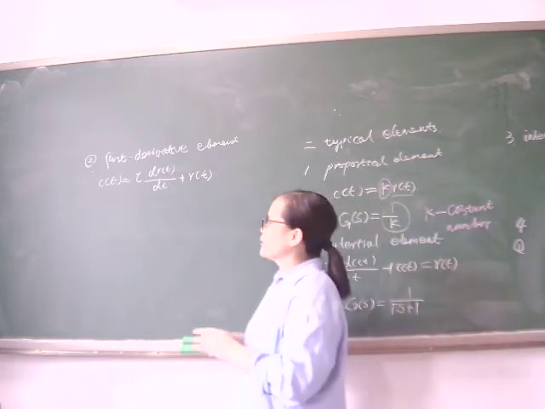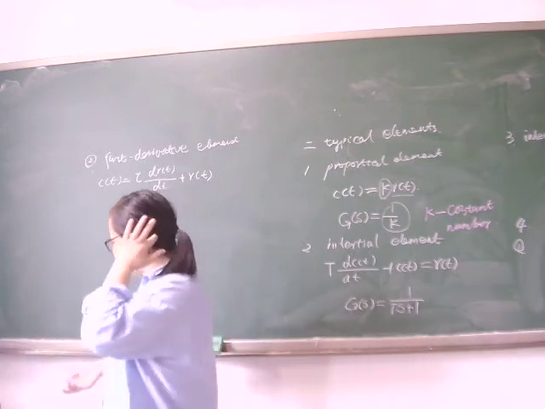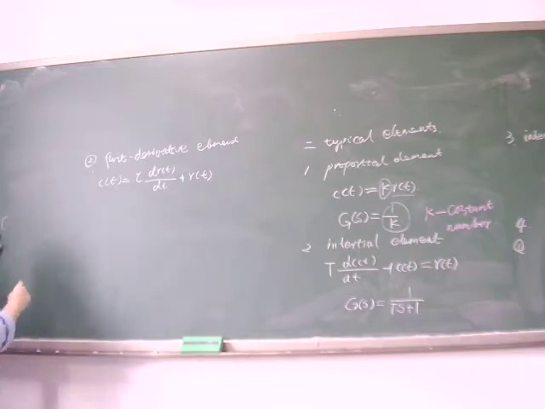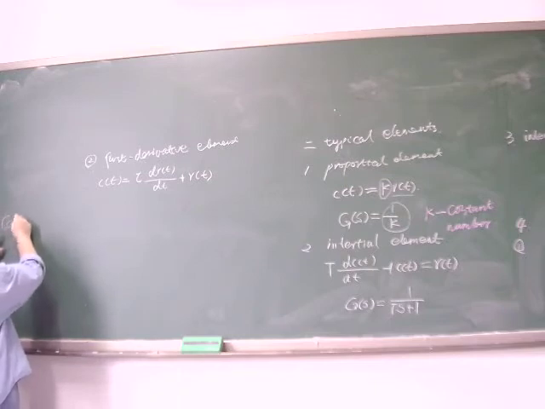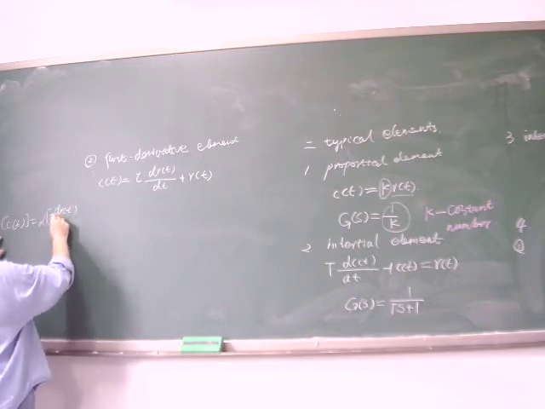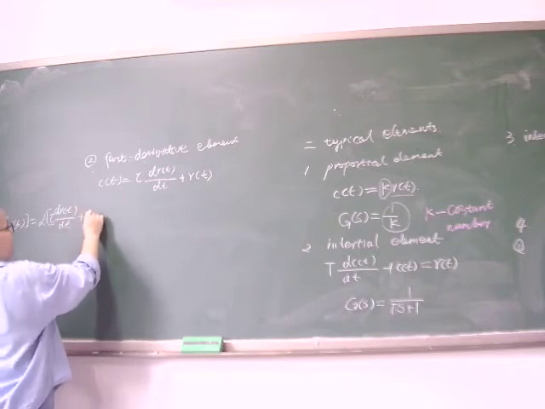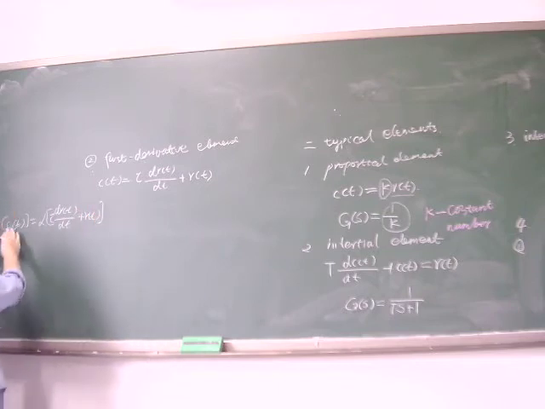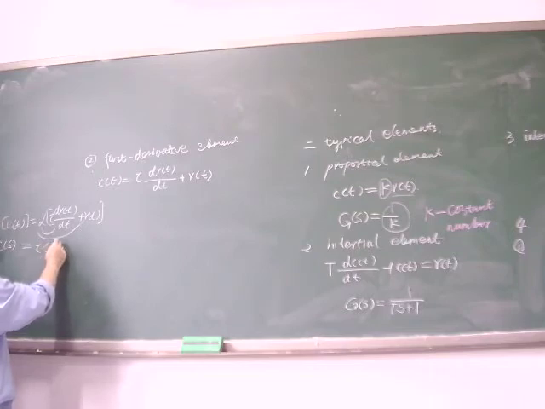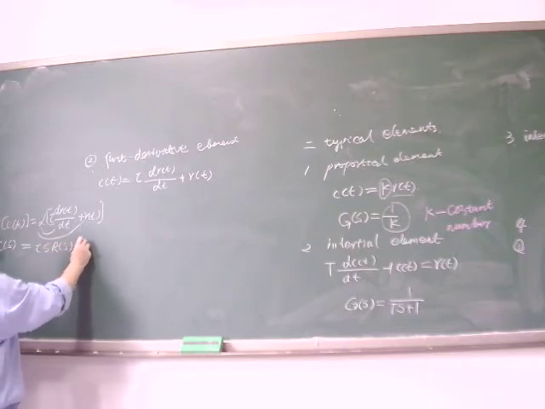Now, how to do it? Also, we use the Laplace transform like that. Now, the left is C(t) equal to tau dR(t)/dt plus R(t). We can get C(s) on the left. For this part, tau s R(s) plus R(s).